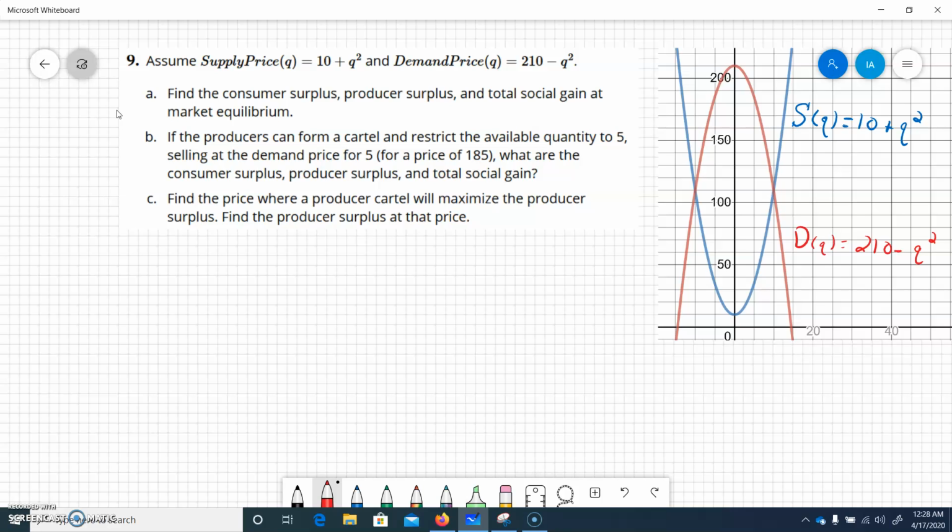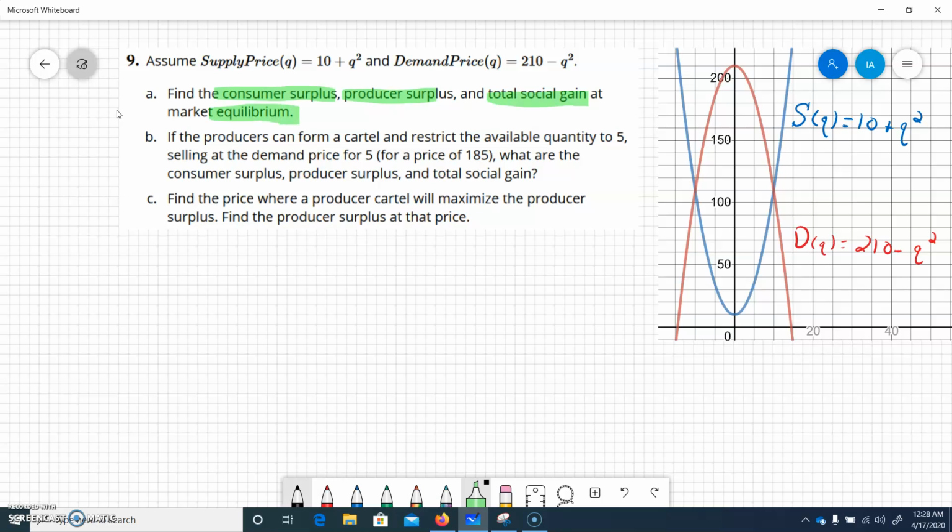And we're going to find several things here. We're going to walk through it. So let's see here. What we have is we're going to find, first off, the consumer surplus, the producer surplus, and the total social gain at the market equilibrium.